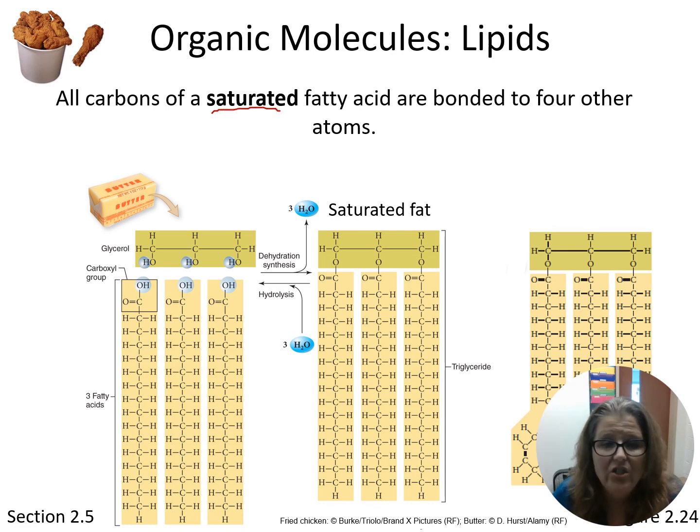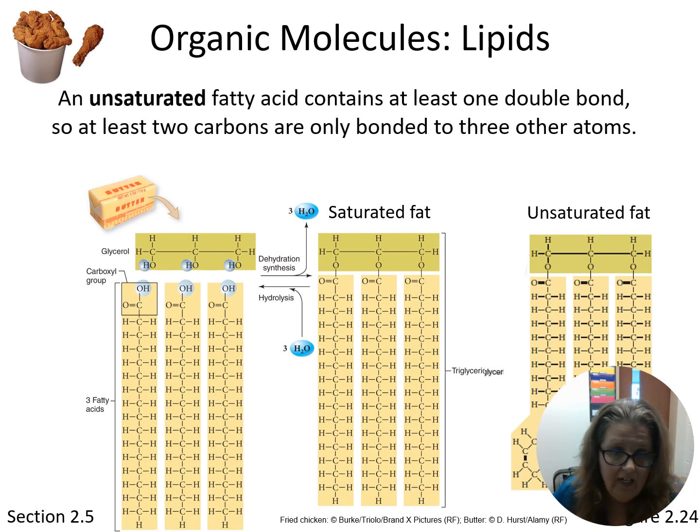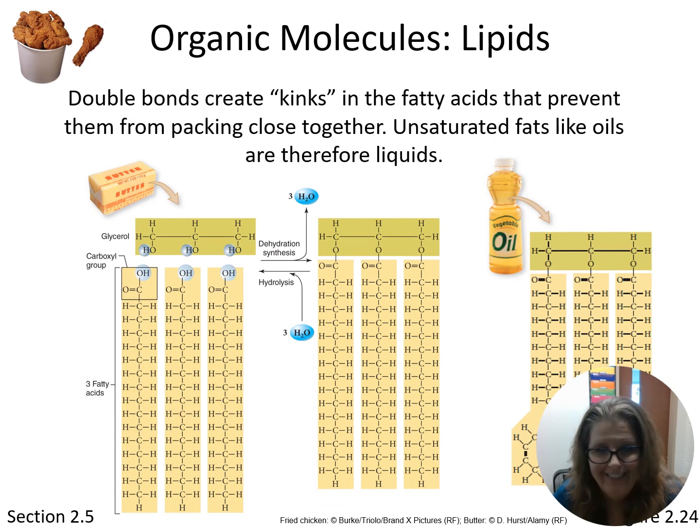Carbons of a saturated fatty acid are bonded to 4 other atoms. This is the difference between a saturated fat and an unsaturated fat. Unsaturated fat has at least 1 double bond, so at least 2 carbons are only bonded to 3 other atoms. It's not saturated.